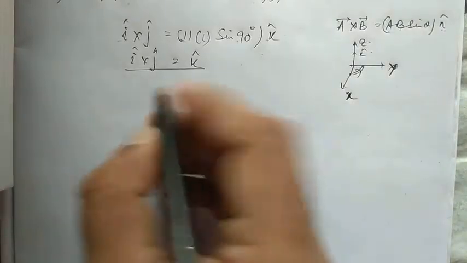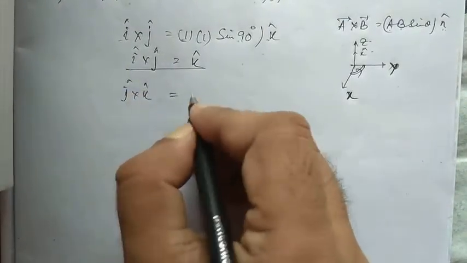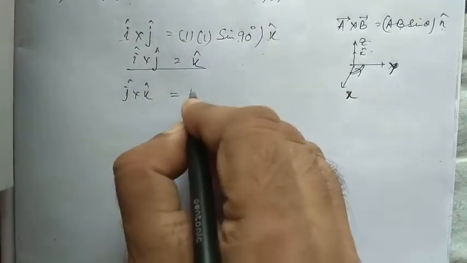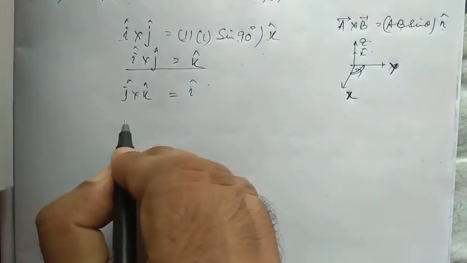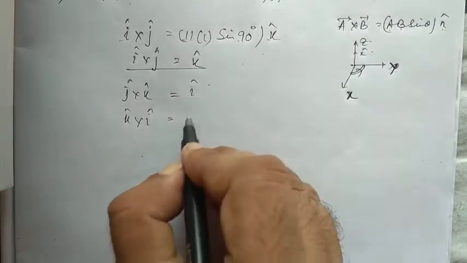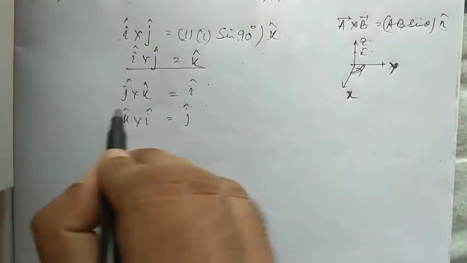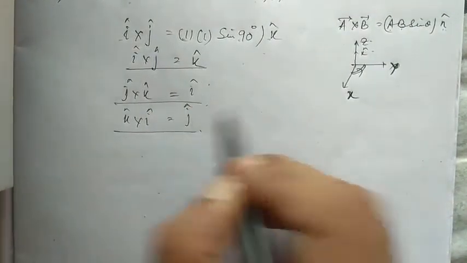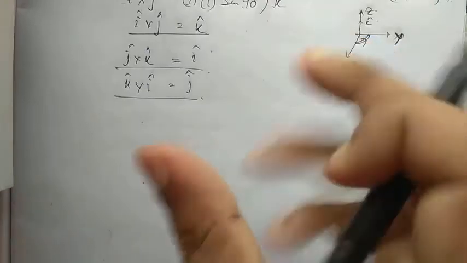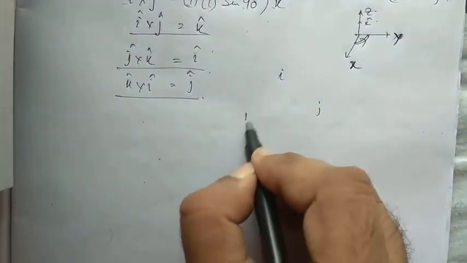Similarly, if we multiply j cross k, it will result in i cap. And k cross i, it will result in j cap. All these three, if we have to remember in a very short form, we can represent this like this: i, j, k.